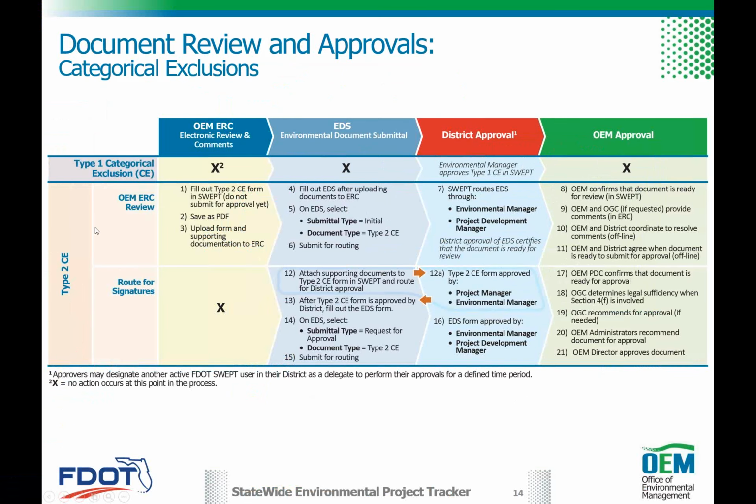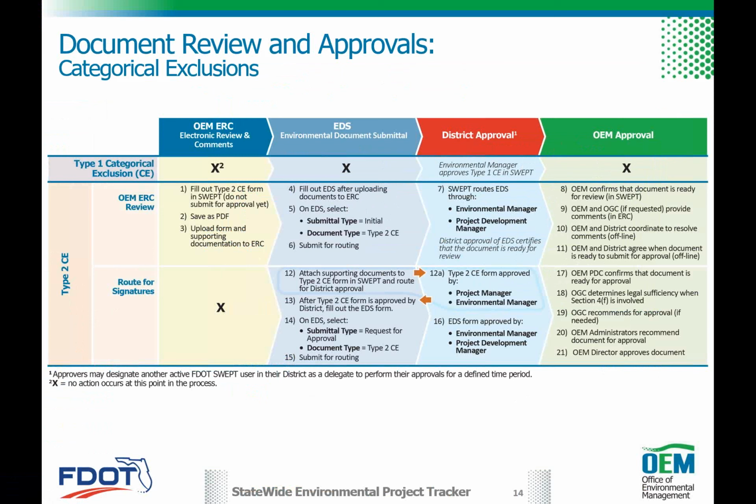Okay, so talking about the Type 2s, we talked about the initial process and then the routing for signatures. Recognizing that as you're completing the ERC, you're all working together with the office up here, resolving comments.